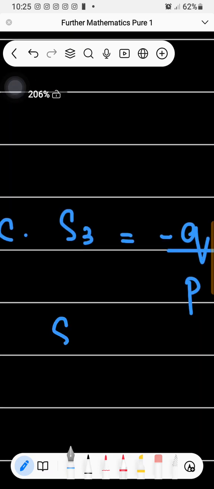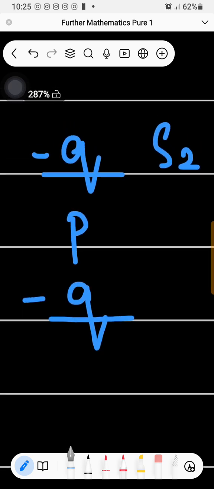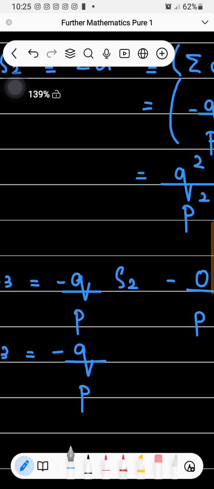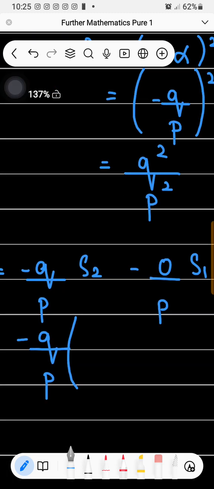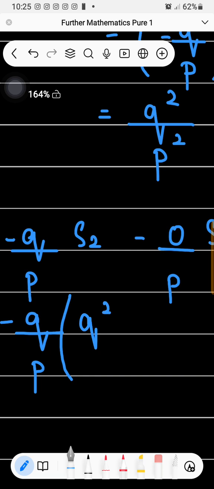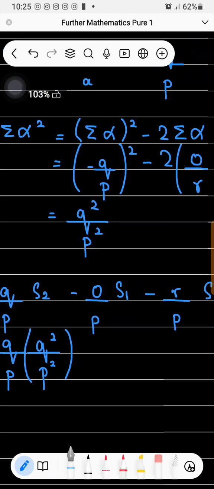Now we will generalize it. S3 is equal to minus q upon p, S2, we found S2 as q square upon p square. And minus 0 upon p by S1 becomes 0, so we will not write it.